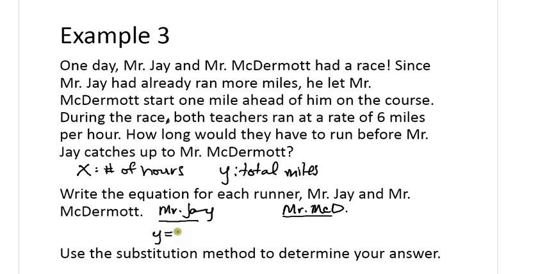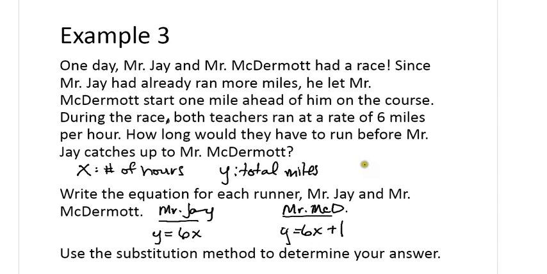So they're both running relatively slow. This is y equals 6x. So Mr. J is running 1 mile behind Mr. McDermott, so he's going to be right here. Mr. McDermott is y equals 6x plus 1.